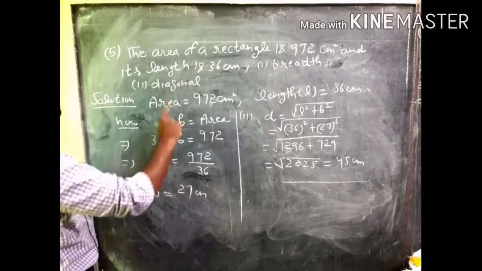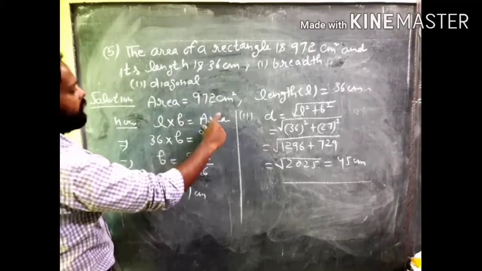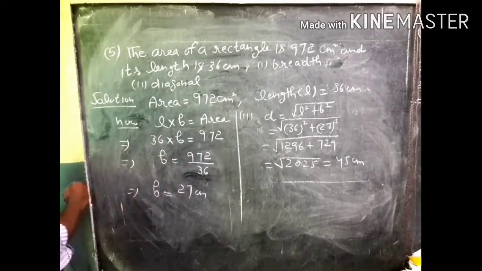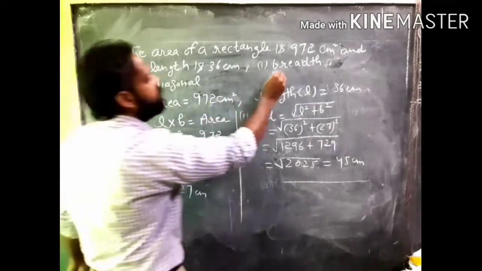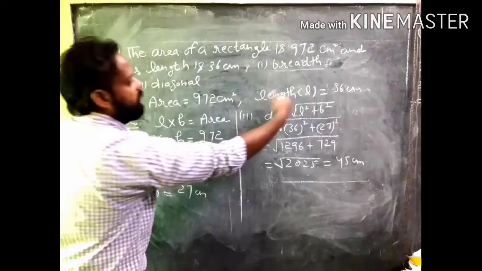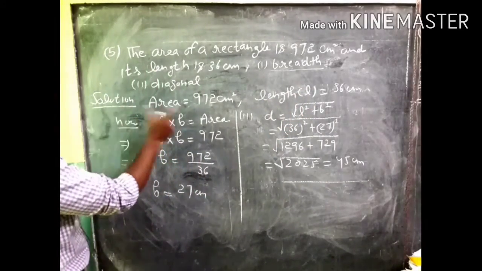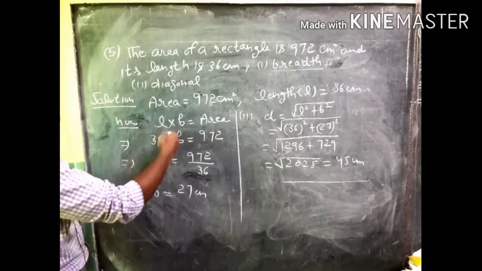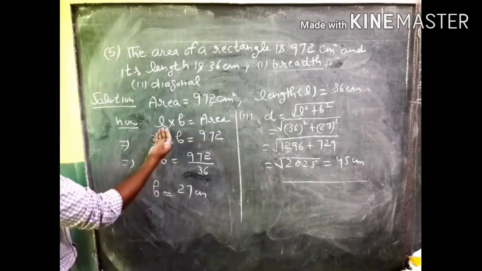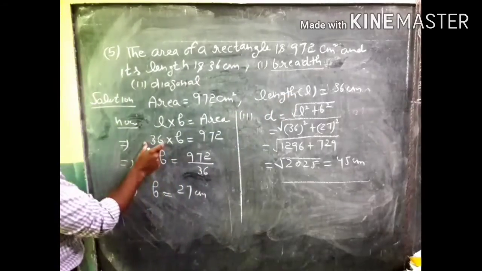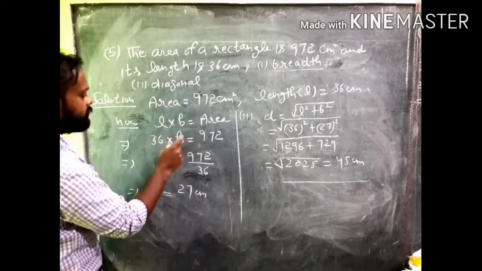By using this relation we can find out the value of b, the breadth. So L into b is equal to area, where the value of L is 36 centimeter, and the value of b we have to find out.